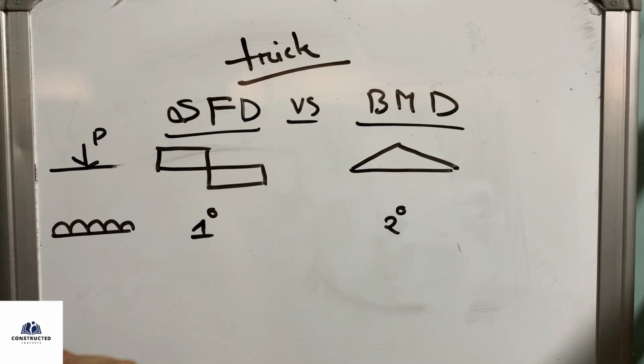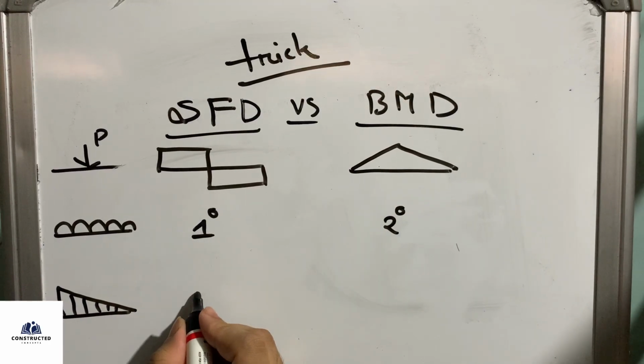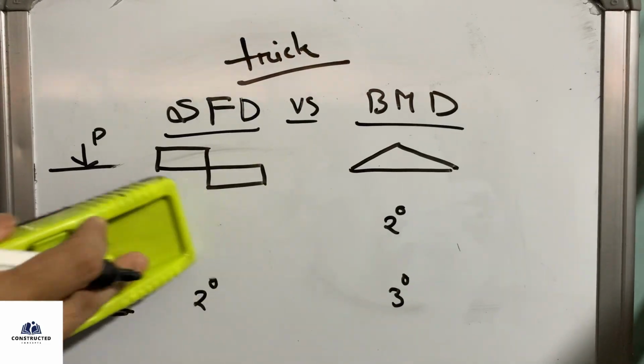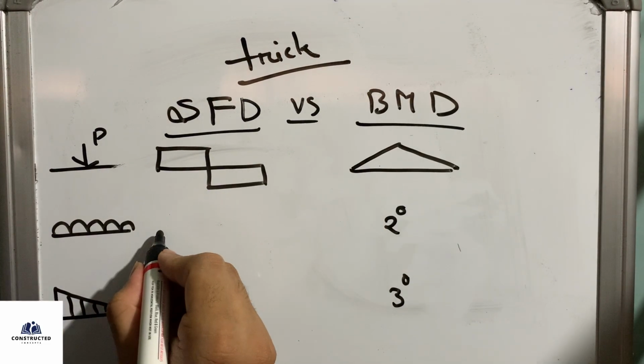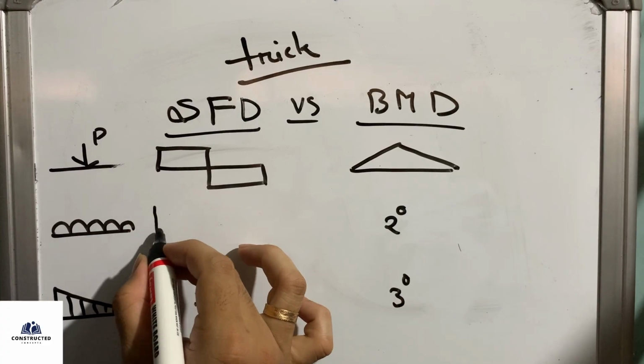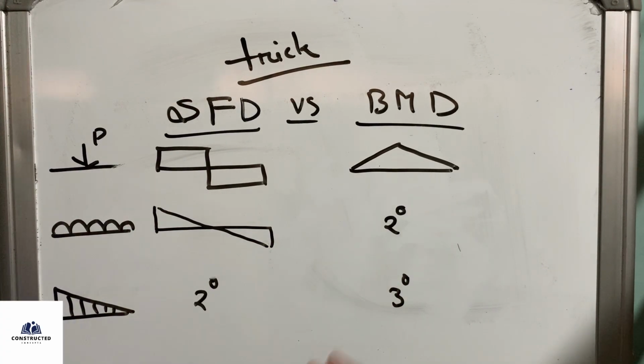For UDL, uniformly distributed load, if the shear force diagram is 1 degree, then the bending moment diagram will be 2 degree. So 1 degree means it will be linear, obviously. So let's draw a linear one. Plus or minus, you will come to know.